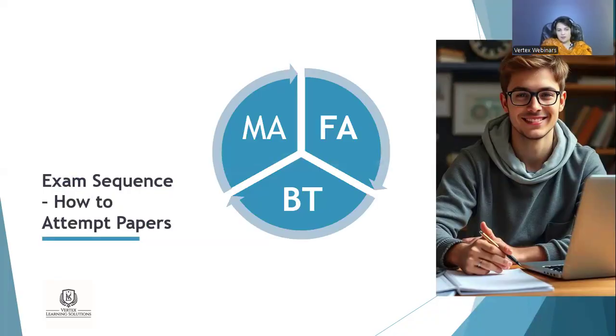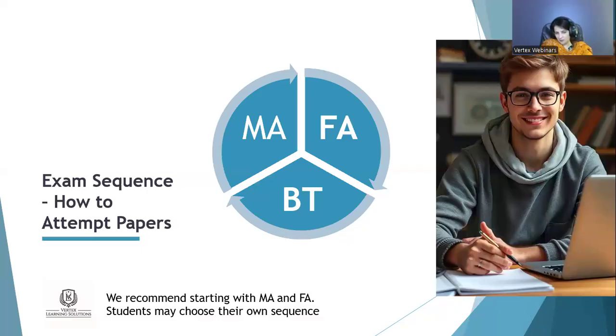So exam sequence, how to attempt papers. As you can see, it's a circle. We recommend starting with MA and FA. I recommend you can start with both papers simultaneously, MA and FA, and then when you pass one, you can get enrolled in BT and then do this. So students may choose their own sequence.